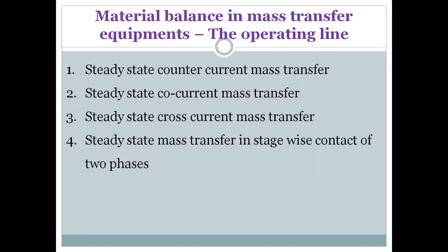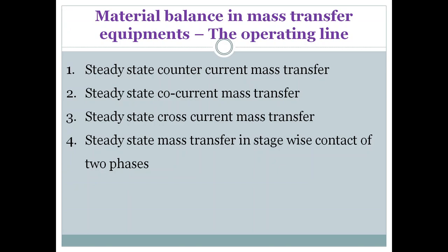We divided this chapter into four parts. The first one was steady state counter current mass transfer, and in the previous lecture we discussed this in detail. Here, for the steady state counter current process, we have seen how to construct the operating line.